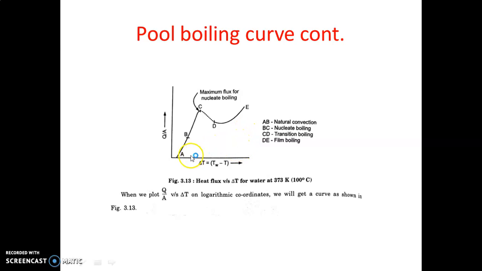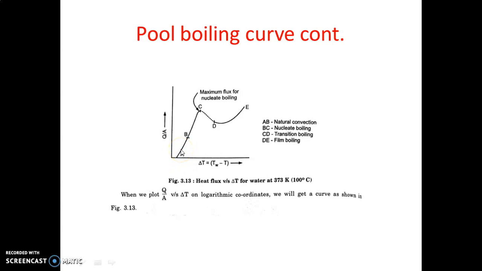Curve AB is called natural convection. What is happening in natural convection? The bubbles are formed as the temperature drop is small, so the rate of production of bubbles is very slow, and the mechanism through which the heat is transferred is called natural convection.